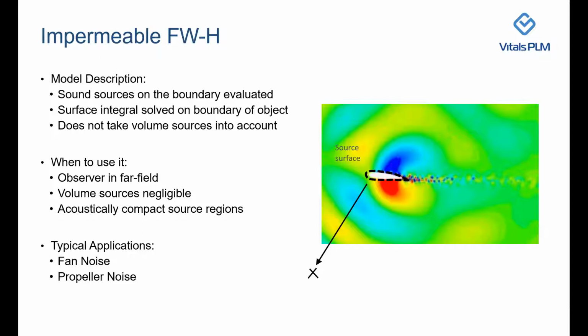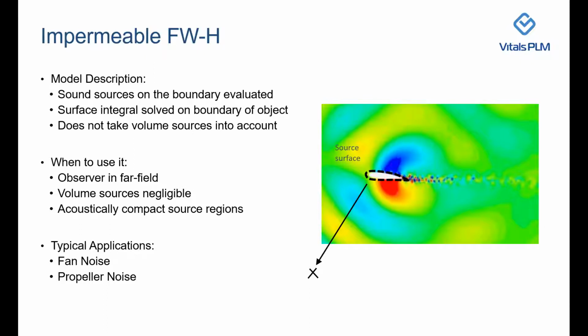Here, what we see is if we use this impermeable FW-H approach, the surface of the NACA aerofoil would be considered as the control surface, which is impermeable in nature, and the sound sources are evaluated by the surface integration on this boundary of the aerofoil to calculate the strength of the sources.